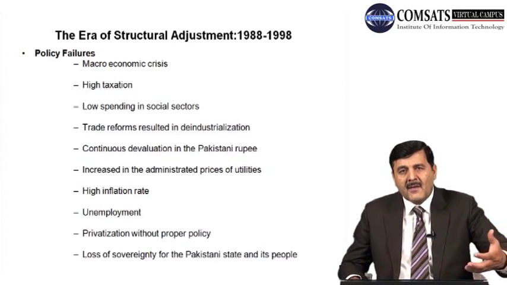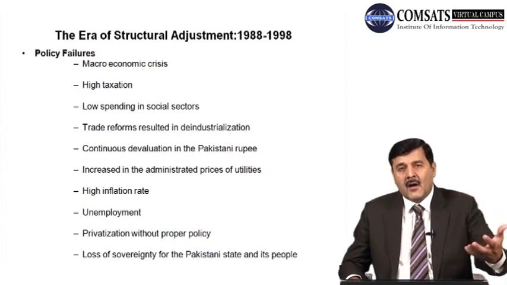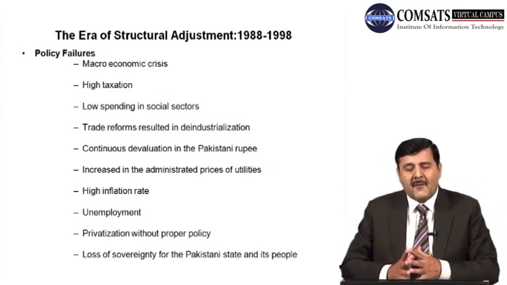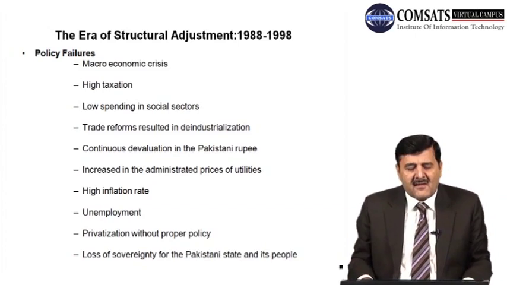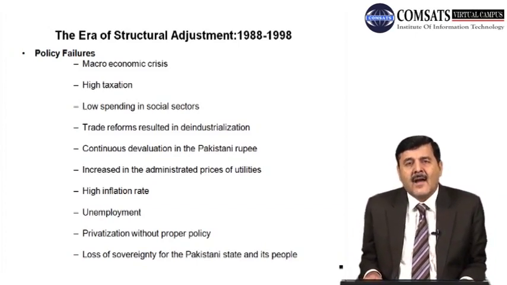There was inflation, a balance of payment deficit, and poverty increased. There was also a huge budget deficit in this era of 1988 to 1998. So this era faced a macroeconomic crisis in the country.